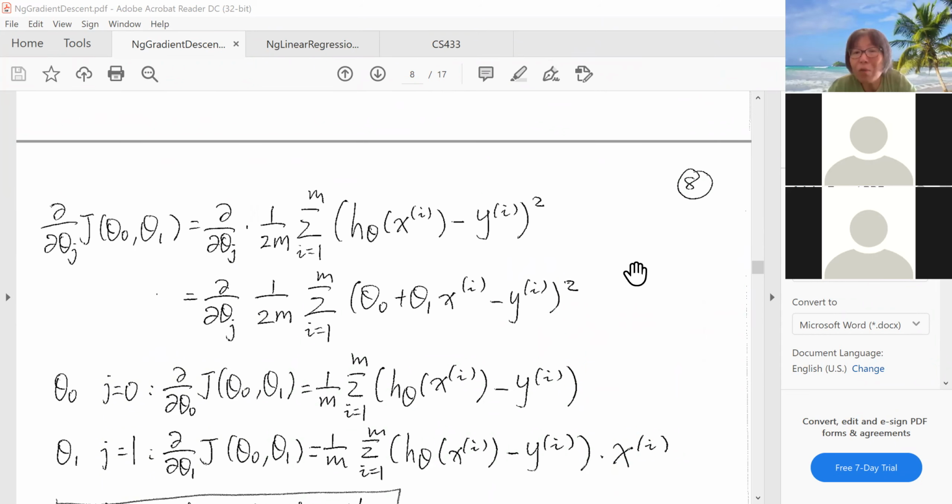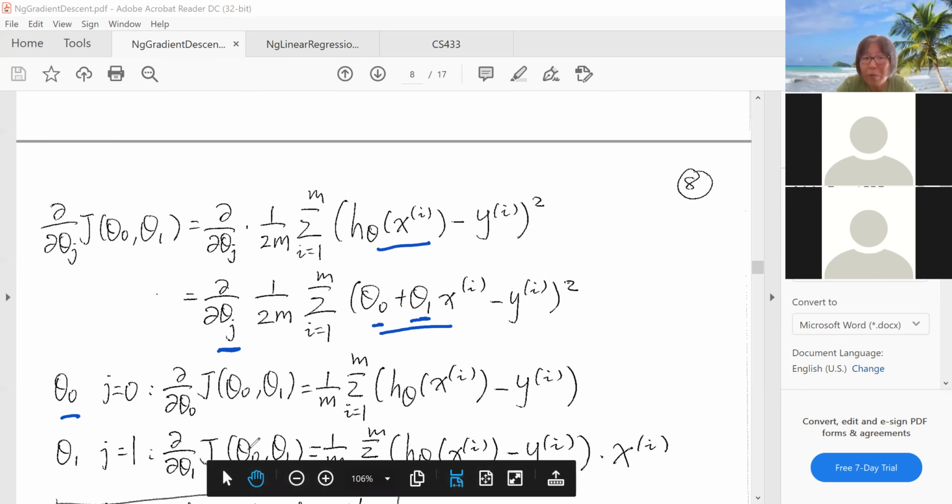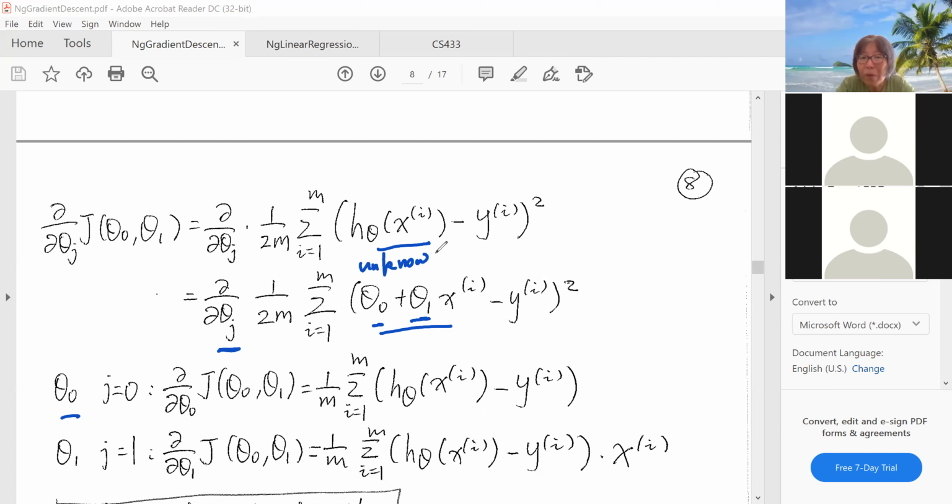As to how to take the derivative, I believe all of you already know from math. Because this is a hypothesis function, you just replace it with the hypothesis function, and then you take the derivative regarding theta. If it's regarding theta 0, then only this one is unknown, and all these parts are known.